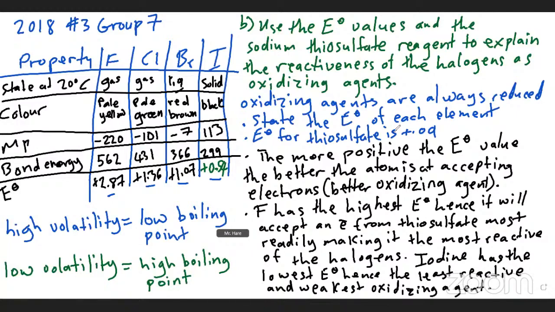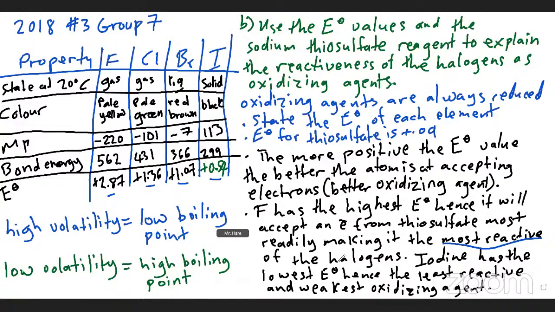For fluorine, where we have most reactive, you can put strongest oxidizing agent. It is the most reactive of the halogens and the strongest oxidizing agent as well.